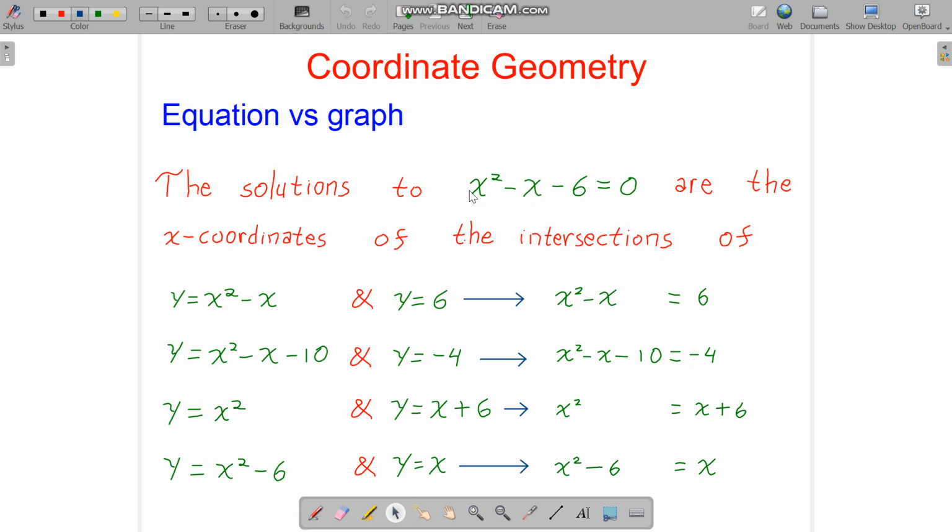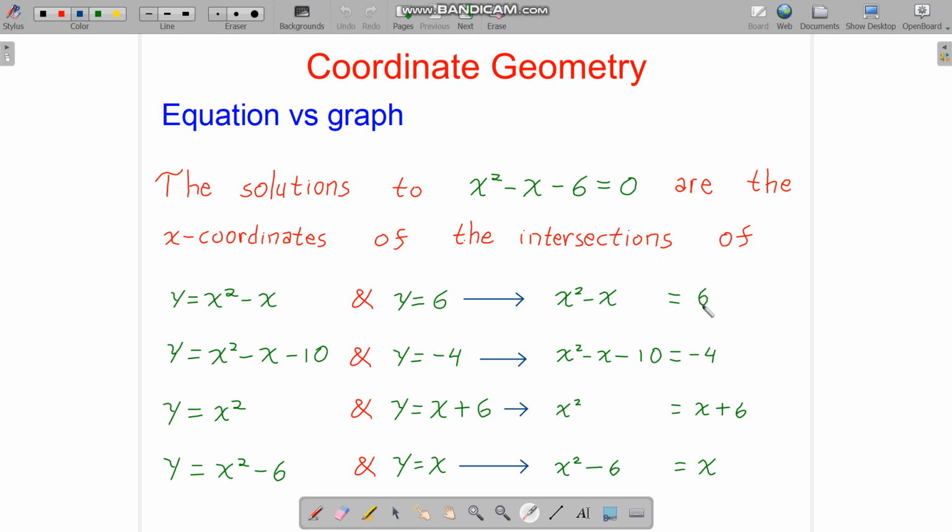The solutions to this quadratic equation are the x-coordinates of the intersections of y equals x squared minus x and y equals 6, because when we substitute, this y equals this y, we get x squared minus x equals 6.